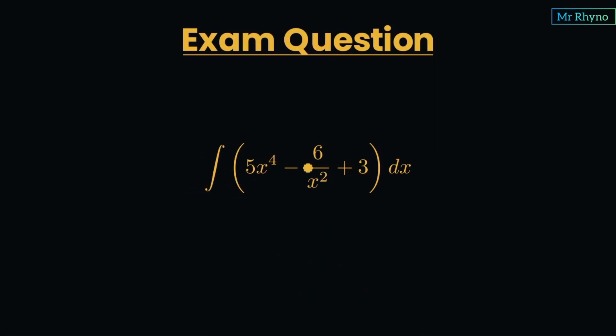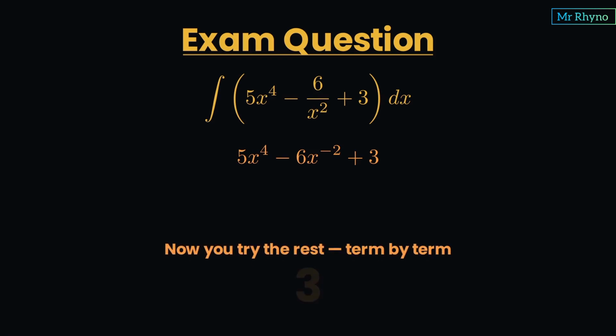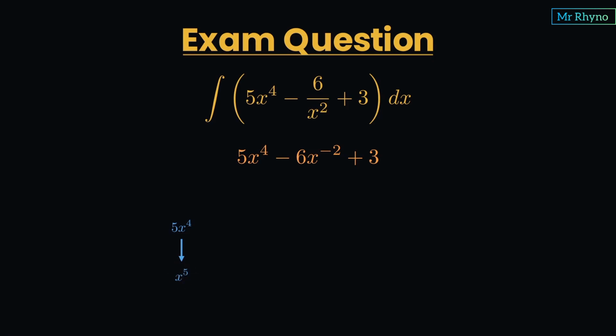Now let's see whether you can use the idea without me giving you every step. Evaluate the integral of 5x to the 4th minus 6 over x squared plus 3 dx. First, rewrite the fraction. 6 over x squared is 6x to the minus 2. For the first term, 5x to the 4th, increase the power, 4 plus 1 is 5, and divide by 5: x to the 5th.